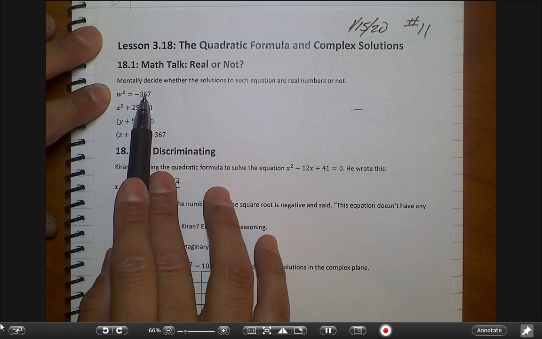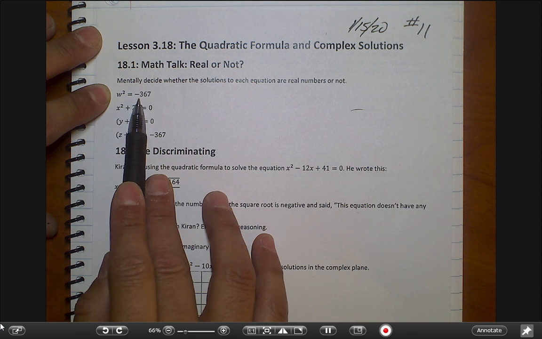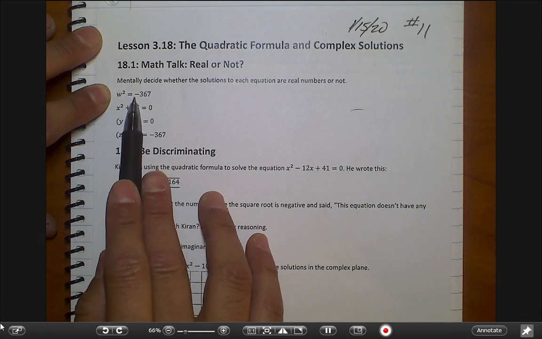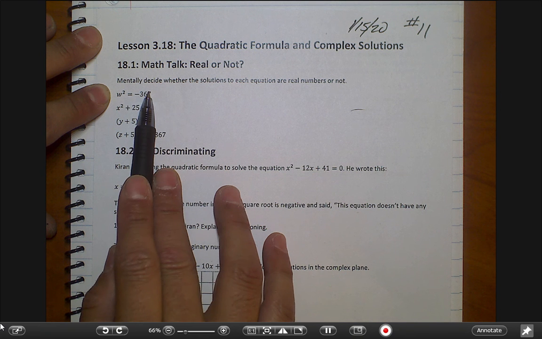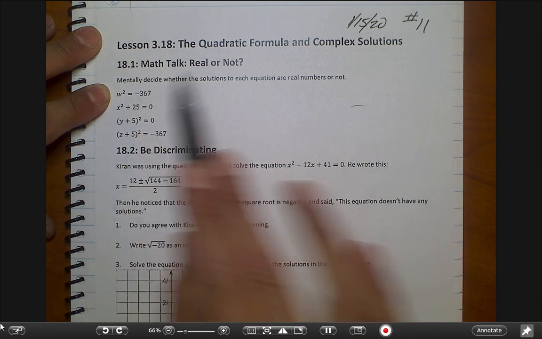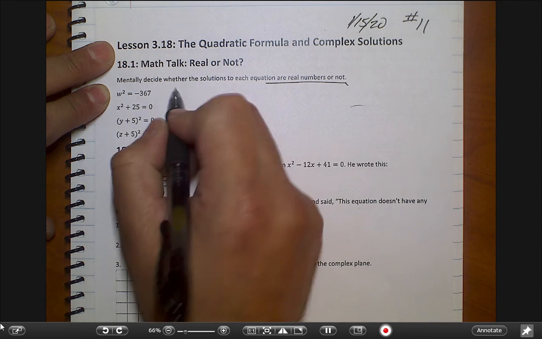Square root both sides, right? It'd be plus or minus the square root of negative 367. And having that be negative means that it is imaginary. If it is imaginary, it is not real. So it's just asking, real or not real?